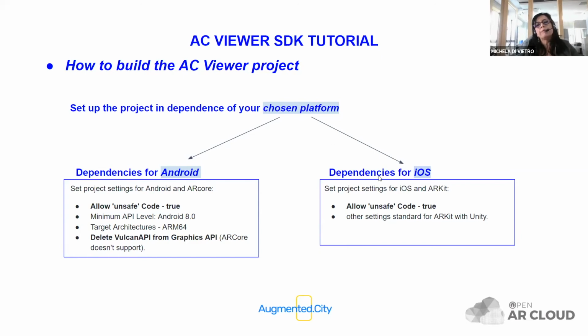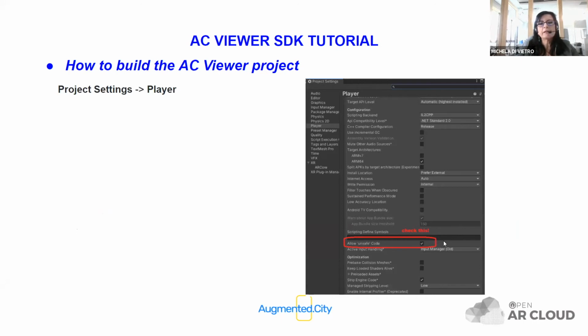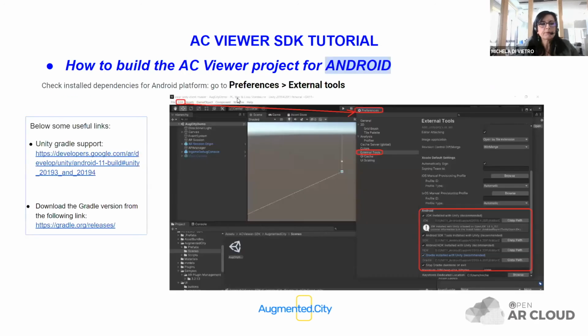In case of build for iOS, of course, you have to install, for example, the ARKit XR plugin in order to build also for this platform. And here there is a screenshot showing where you can find this particular setting. This is a window related to project settings.